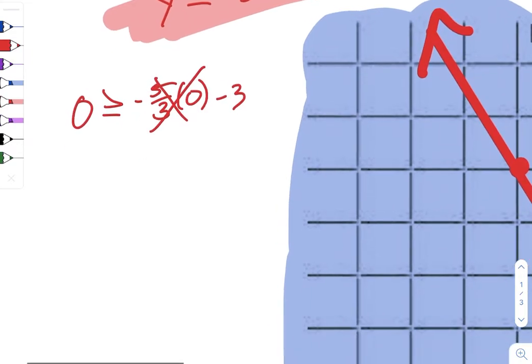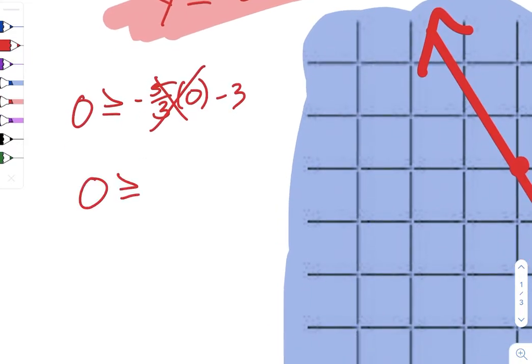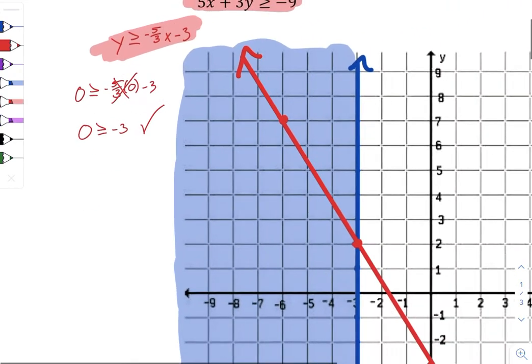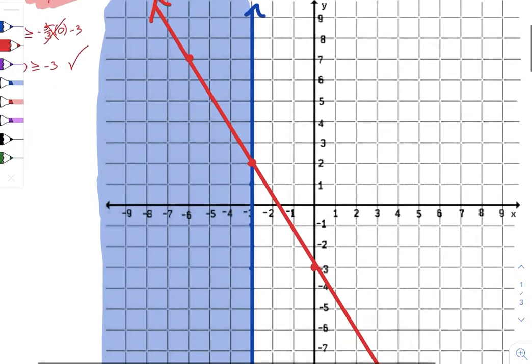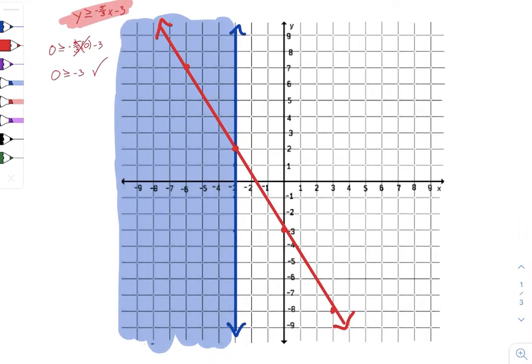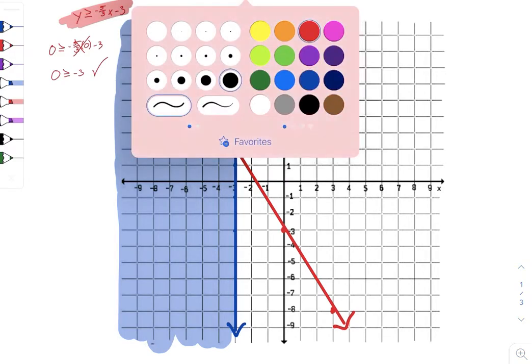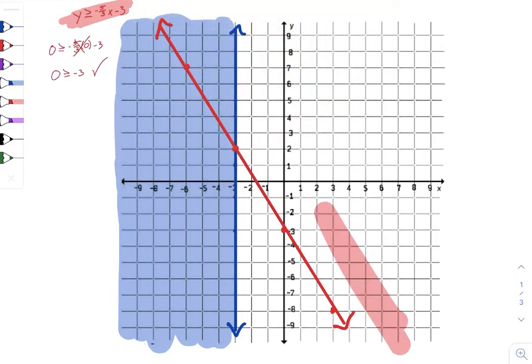This turns to 0, so I basically get 0 is greater than or equal to -3, which is true. Since it's true, wherever that testing point was, that's a solution, and everything on that side has to be a solution. So since 0, 0 was over on this side, I know that whole side is a solution. So I'm going to go ahead and shade this whole side of the line.